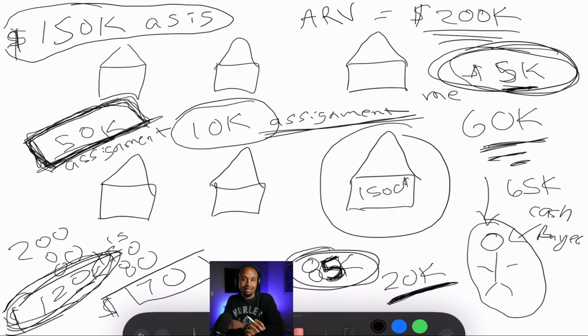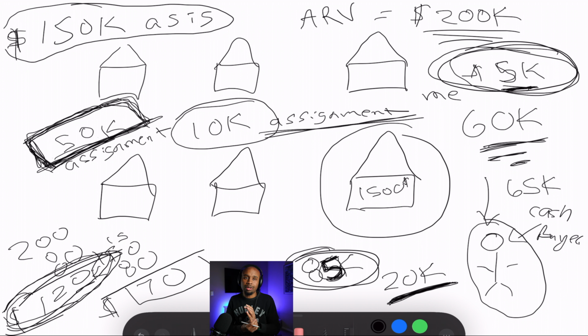But at this stage, wholesaling and bird dogging, you have to know where we are. We're the middle men and women. We're in the middle. People on both ends, the seller and the end buyer, the cash buyer, don't really expect you to make more money than them. You know what I'm saying? Because you want everybody to be satisfied when we get to closing. Everyone should be happy with what they're getting.